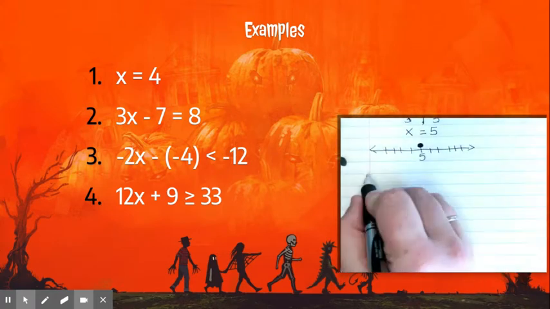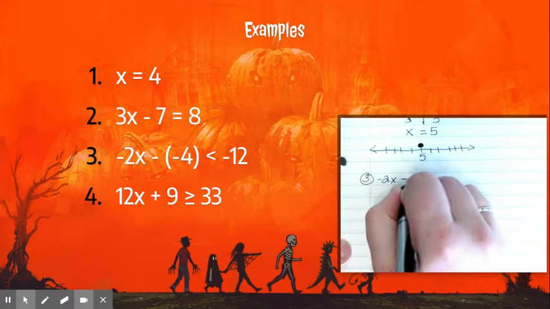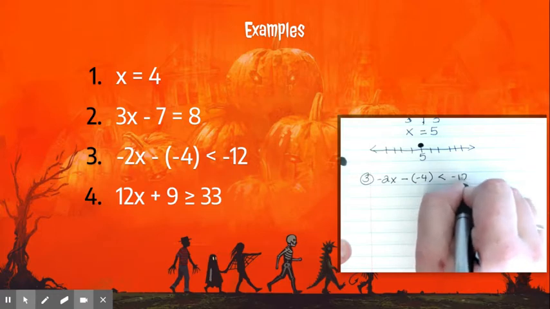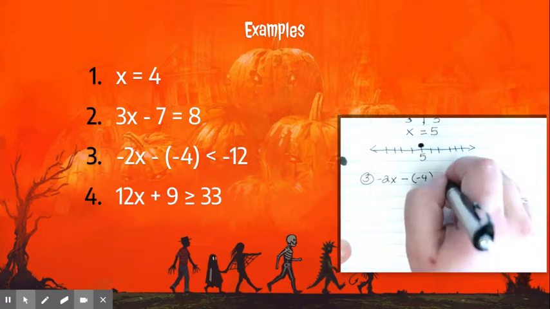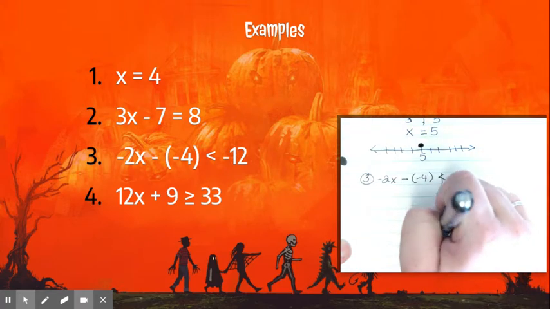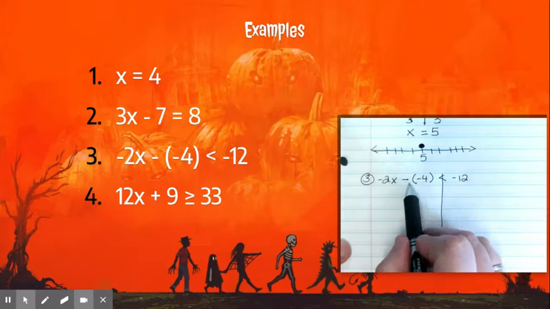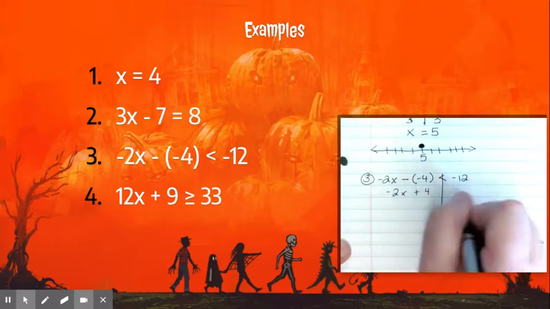Number 3 is negative 2x minus a negative 4 is less than negative 12. Lots of negatives there. Okay, so we draw our line. If I do minus a negative, I'm really adding. So it's really negative 2x plus 4.